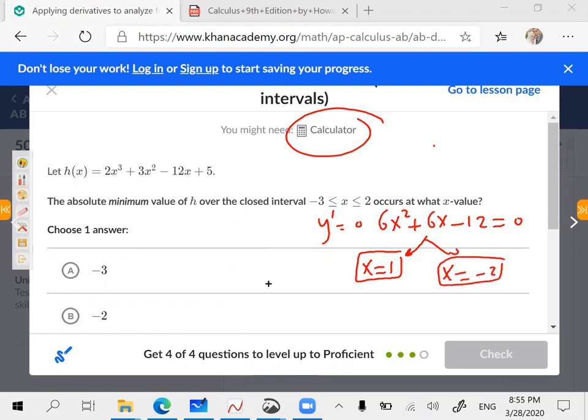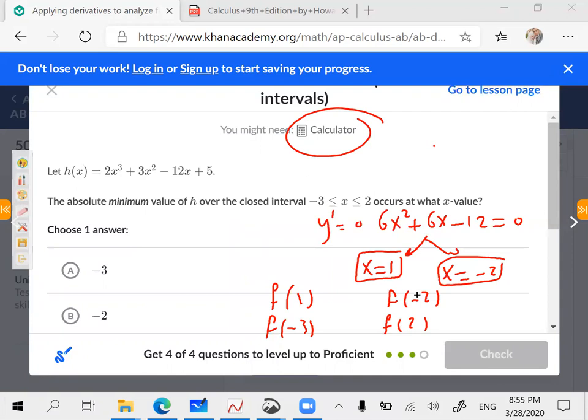Now we substitute f of 1, f of -2, f of -3 the endpoint, f of 2 in your calculator. It's better to use the setting in your calculator: calc, 2, alpha x power 3 plus 3 alpha x power 2 minus 12 alpha x plus 5.